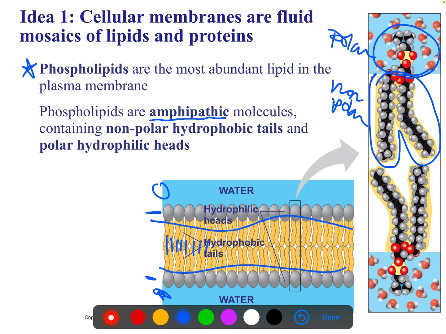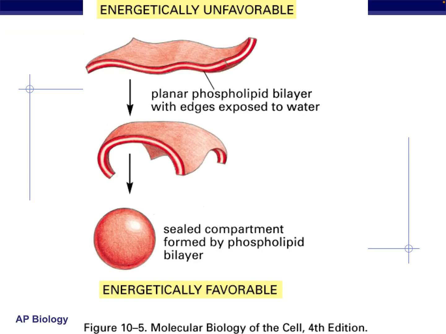So you get this area in the middle, which is nonpolar, and then you have your two polar regions on either side. That's what the cell membrane is made of, and that's why it orients itself the way that it does, because of the properties of what it's made of. This orienting of phospholipids is actually energetically favorable.